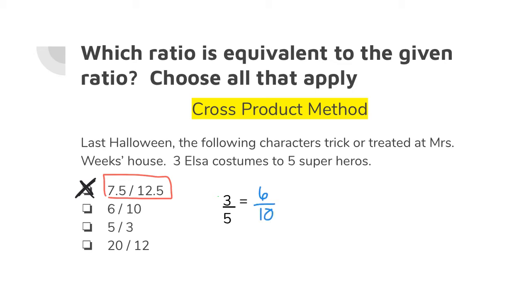So I'm going to do my first cross product, and I don't need a calculator for this one. 3 times 10 is 30. And this cross product, 5 times 6, is also 30. Because these are equal to each other, this is an equivalent ratio.